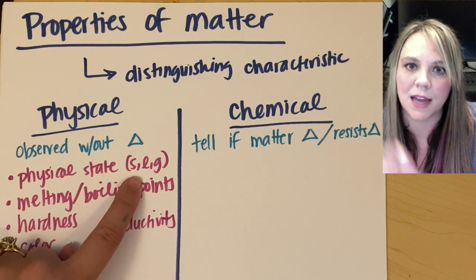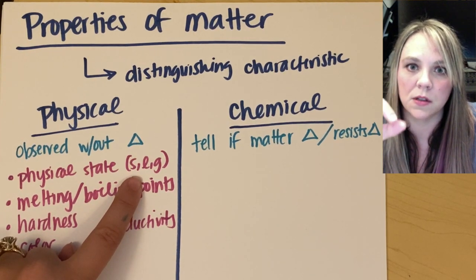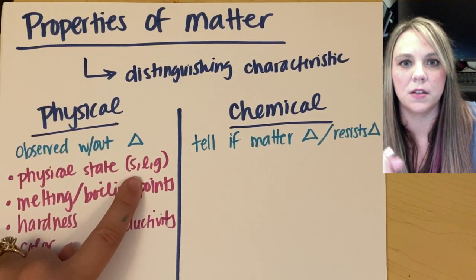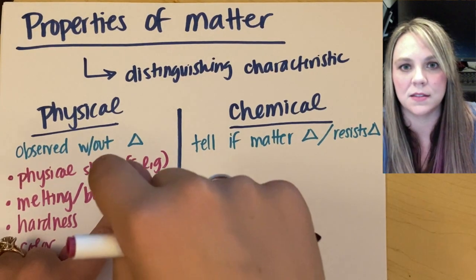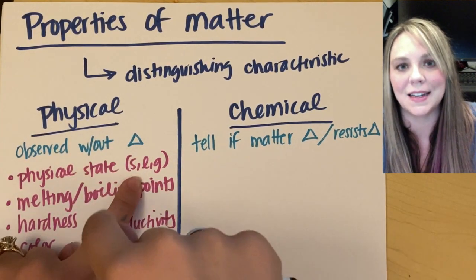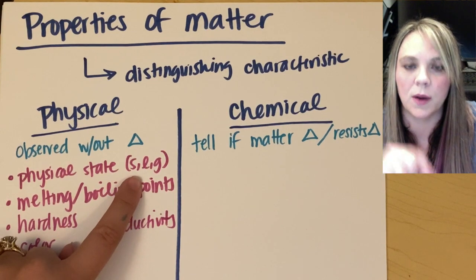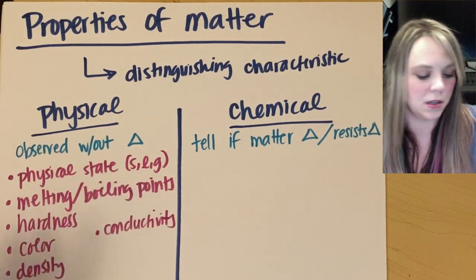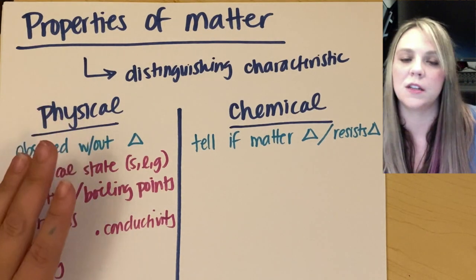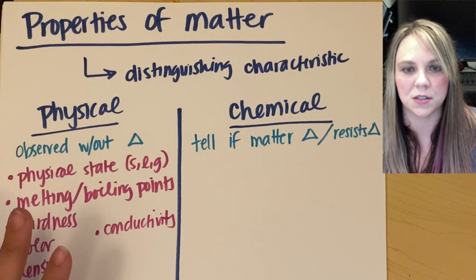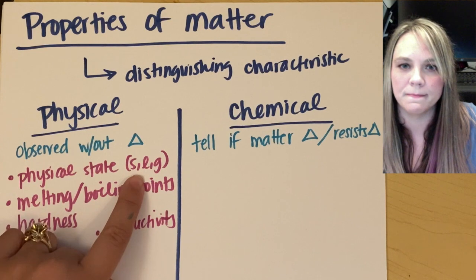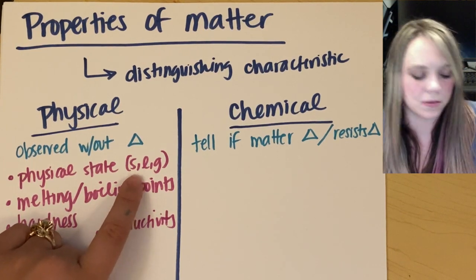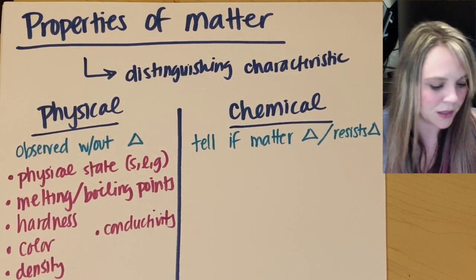Nothing changed about the actual molecules inside that ice cube. So it still retains its identity. Water was H2O when it was frozen, and it was H2O when it was a liquid. It does not change its identity, even if its physical state changes. That can be a trick question that they like to throw at you, so just be wary of that.